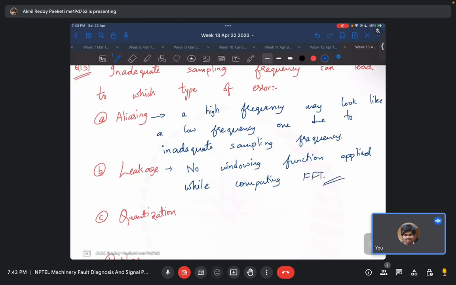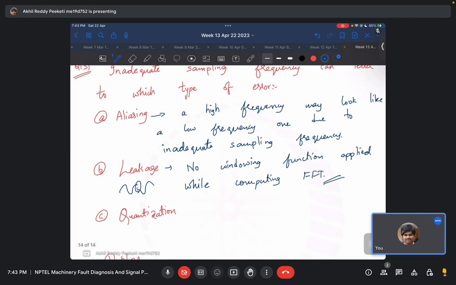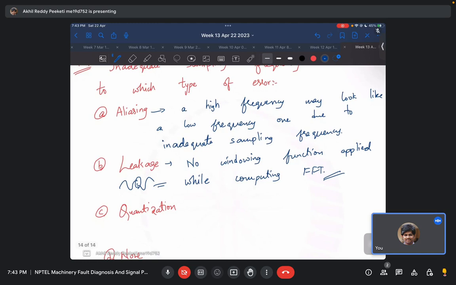If you don't have any window function, the data can suddenly have these jerks. Because of that, you will have something called leakage error. And quantization actually happens because of inadequate resolution of the data storage system.